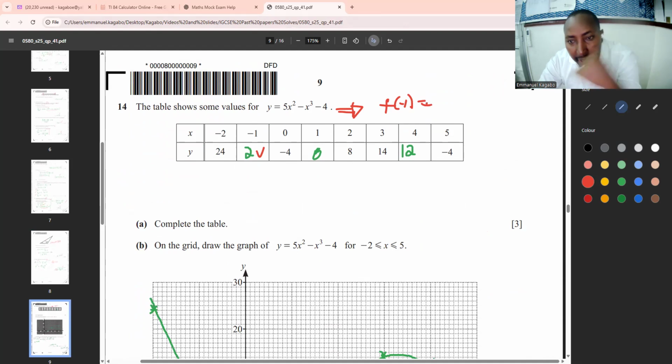So it's going to be 5 in brackets, guys. Make sure your calculator does that very well. Squared minus 1 bracket -1 power 3, then minus 4. If you type this one in your calculator, it will give you that. You do the same thing for 1, you do the same thing for 4. Then that's how you're going to get these numbers.